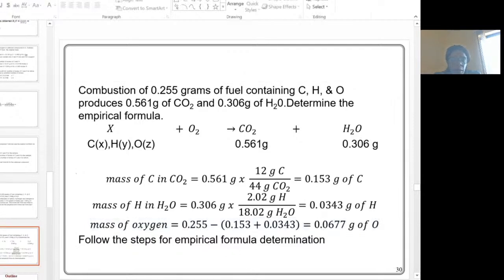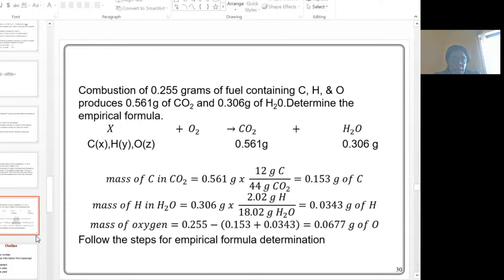Okay, so from there onwards, we now follow the empirical formula determination like I mentioned.